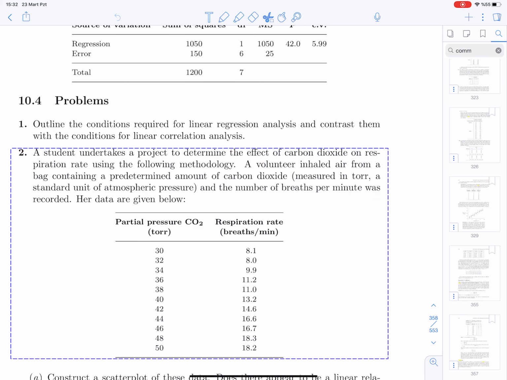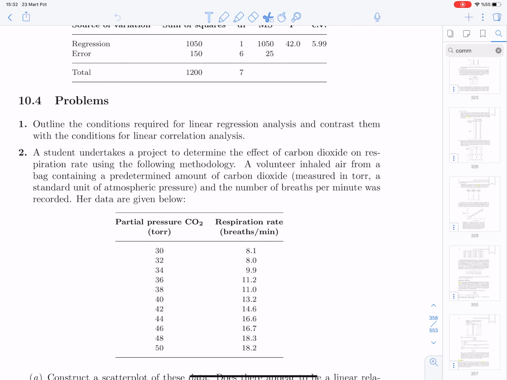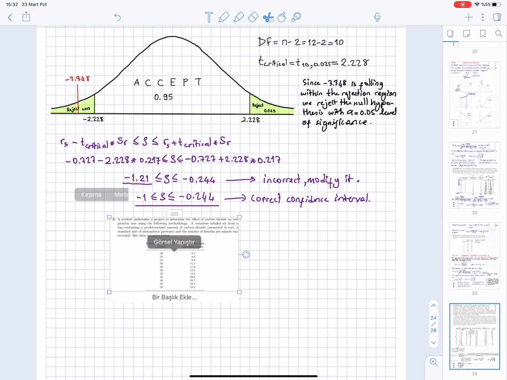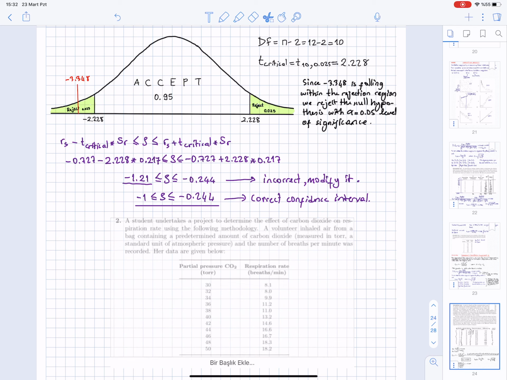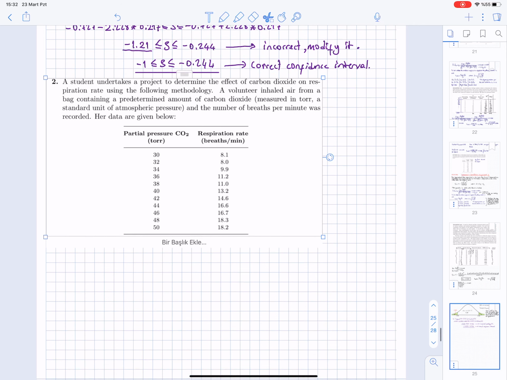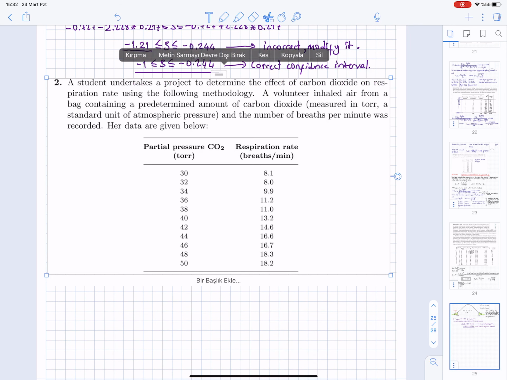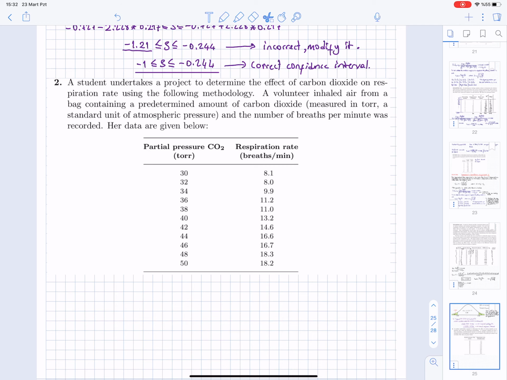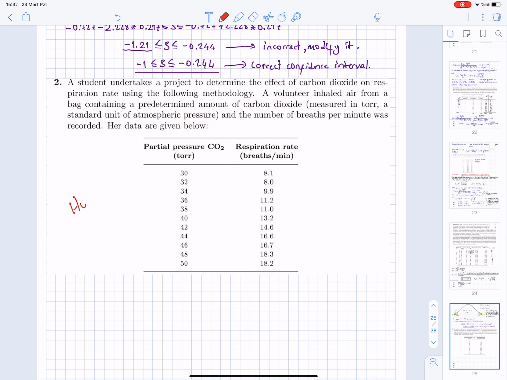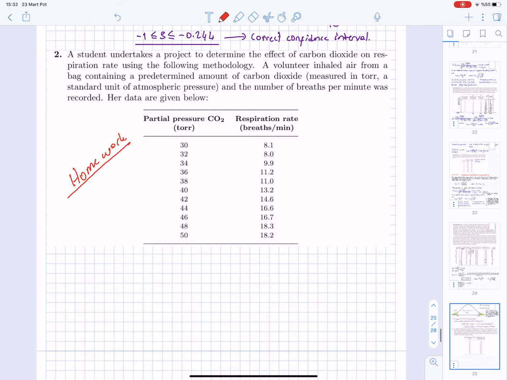Study it yourself. This is the homework.